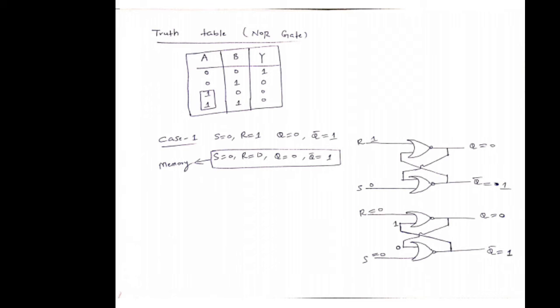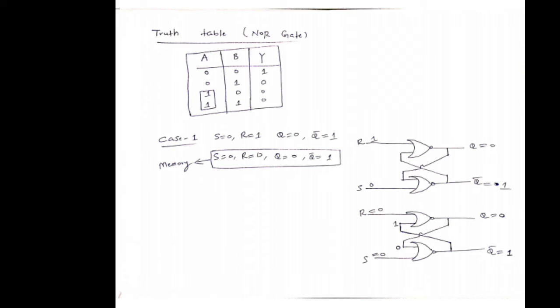If you consider this Q bar is equal to 1 to this first input of the first NOR gate, 0 1. 0 1 means, from the truth table I can observe Q is equal to 0. You can observe here, for S is equal to 0, R is equal to 0, we got the same values as previous outputs.